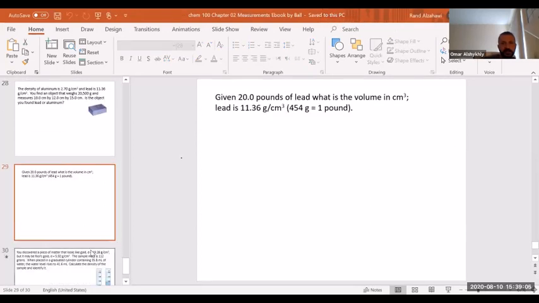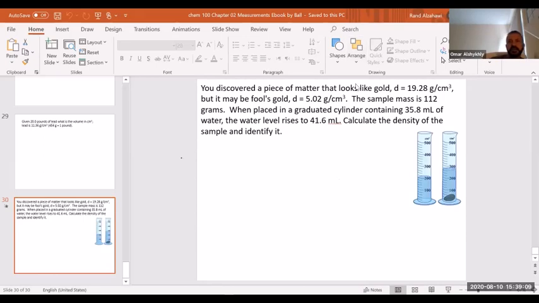Okay, let's look at another example. You discovered a piece of matter that looked like gold. The density of gold is given here.